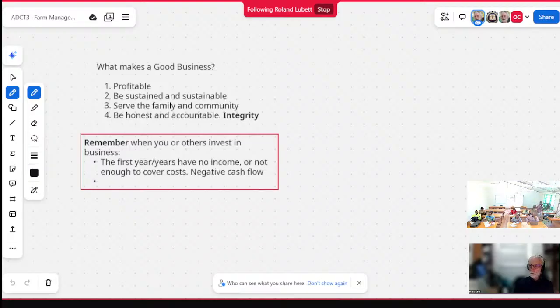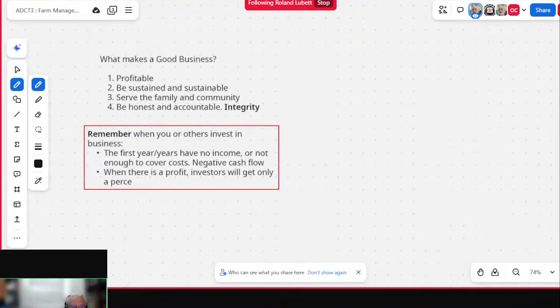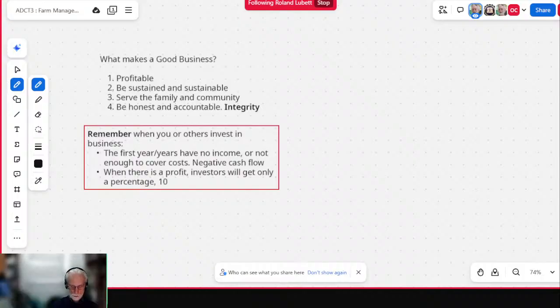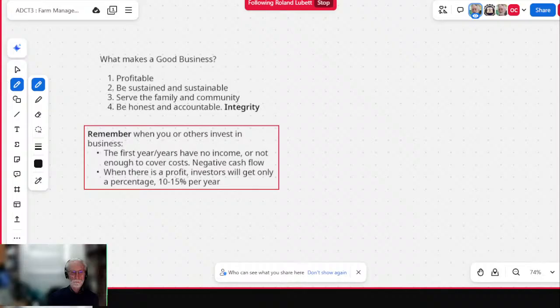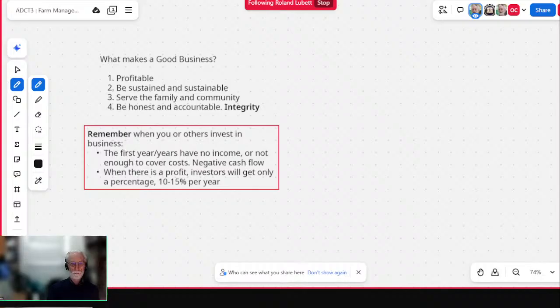And then when the business starts making money, investors, including you, something like that.